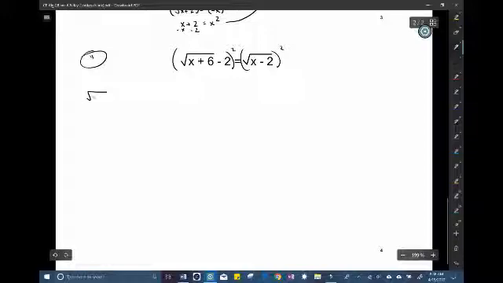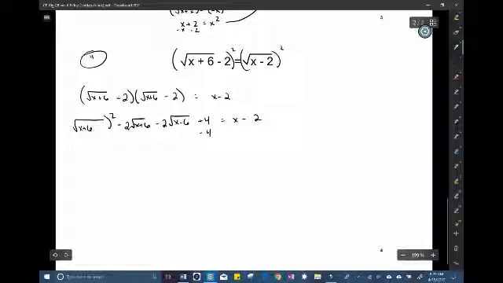Which is the square root of x plus 6 minus 2. It would just disappear. Minus 2 roots x plus 6. Plus 4.